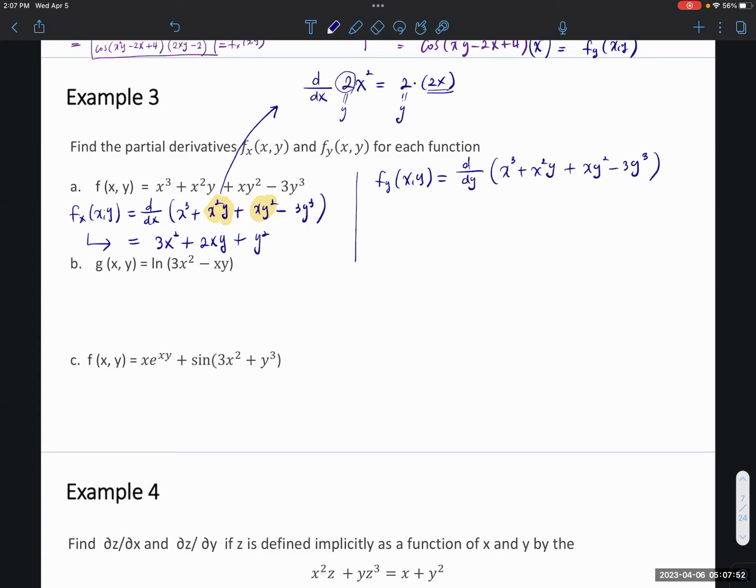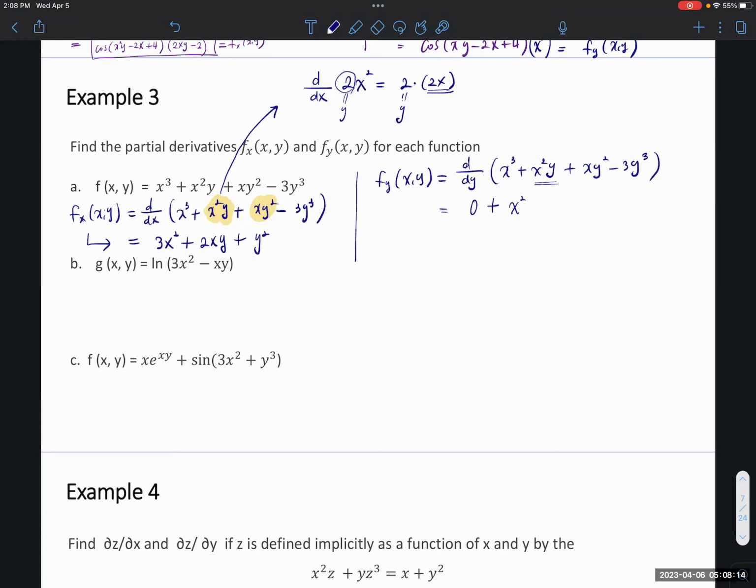This time we're going to treat x as a constant. So this is going to be 0. x to the third, what do you guys think? It's going to be 0. So 0 plus the second one: x is a constant, and we have a y. This is x squared remaining.